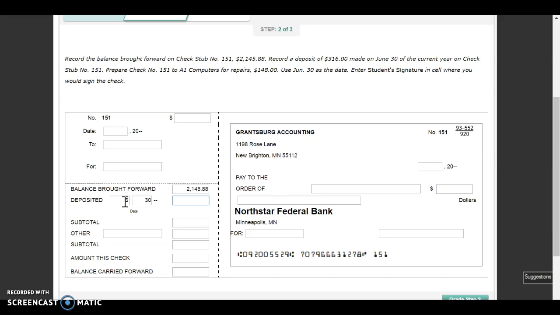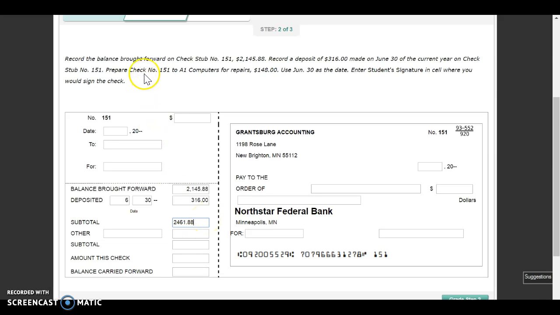And then we're going to put in the amount, $316. And then we have to find our subtotal. So get out your calculators. Don't be lazy. Okay, the amount that we should have then is $2,461.88. So we're going to put that in as our subtotal.